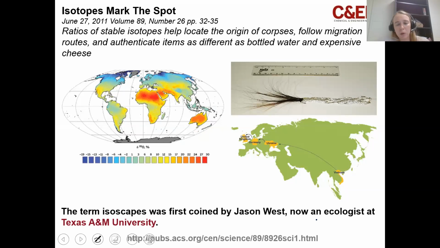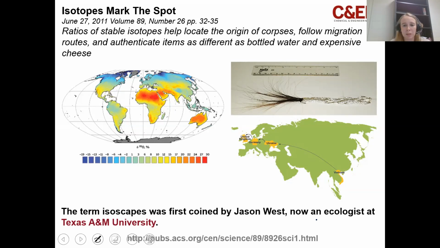All right, a little bit more relevancy about isotopes. The ratio of stable isotopes is unique for certain things. For example, it helps people follow migration routes of different birds or different fish. It helps people authenticate items by making sure they have the predicted ratio of stable isotopes in them.